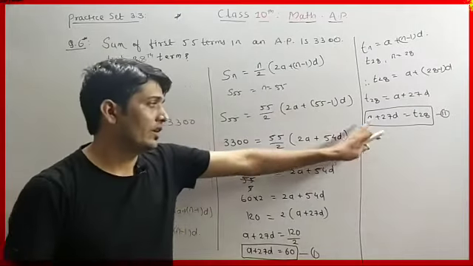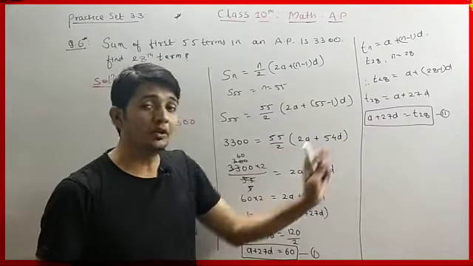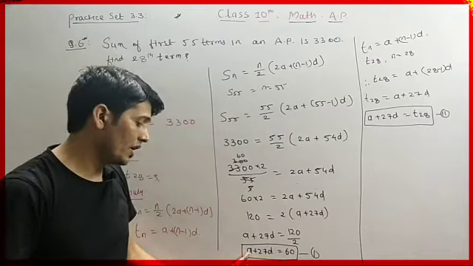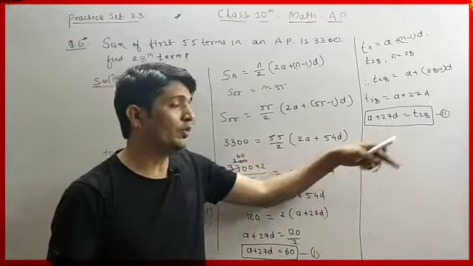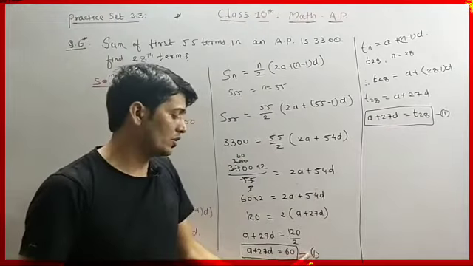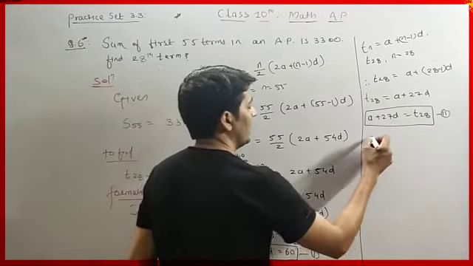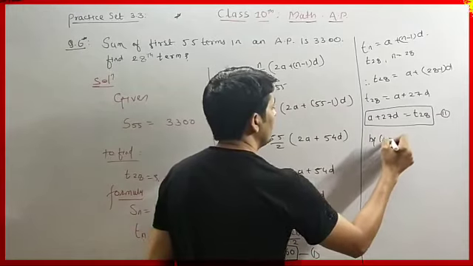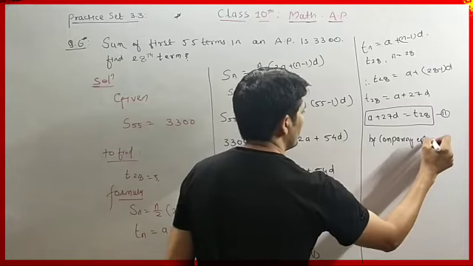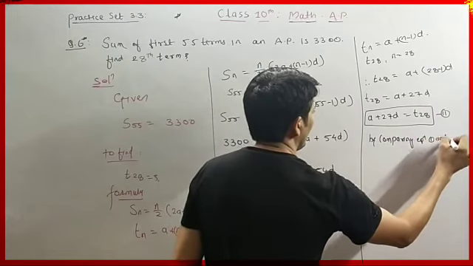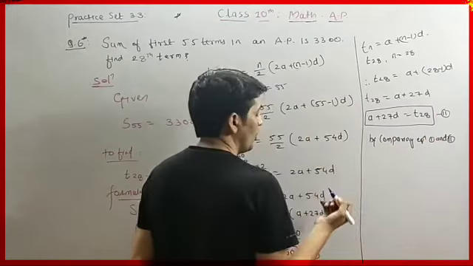See, here we have a plus 27 into d, and here again we have a plus 27 into d. So by comparing equation number 1 and 2, we can write T28 equals 60. So by comparing equation 1 and 2, what can we write?